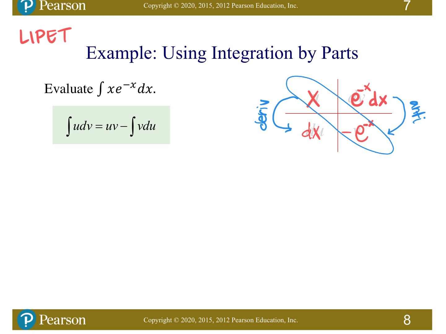So my problem, which starts as x e to the negative x dx, is equal to the combination of x and negative e to the negative x, so that would be this, minus the integration of the combination of these two, and that would be negative e to the negative x dx.